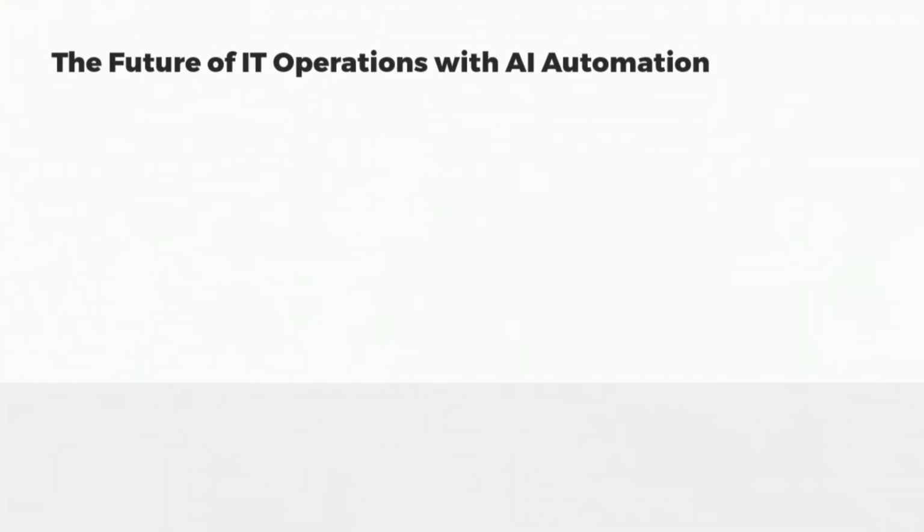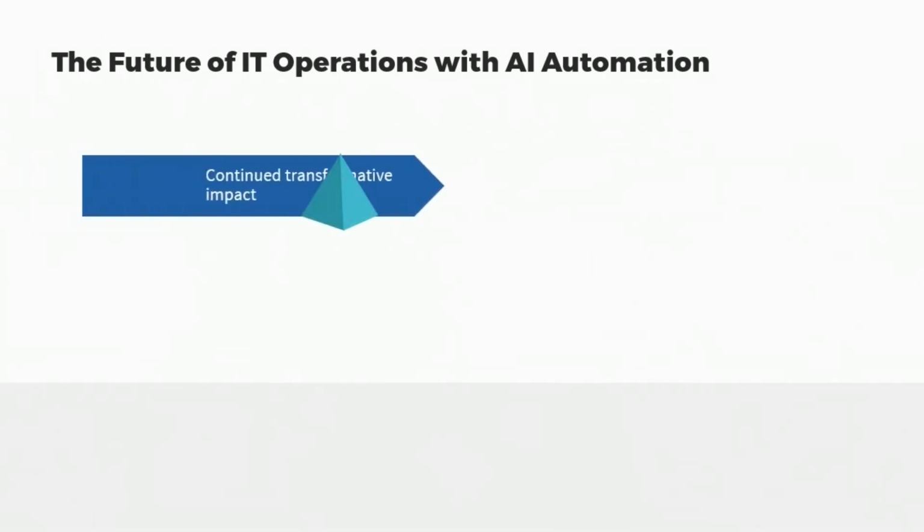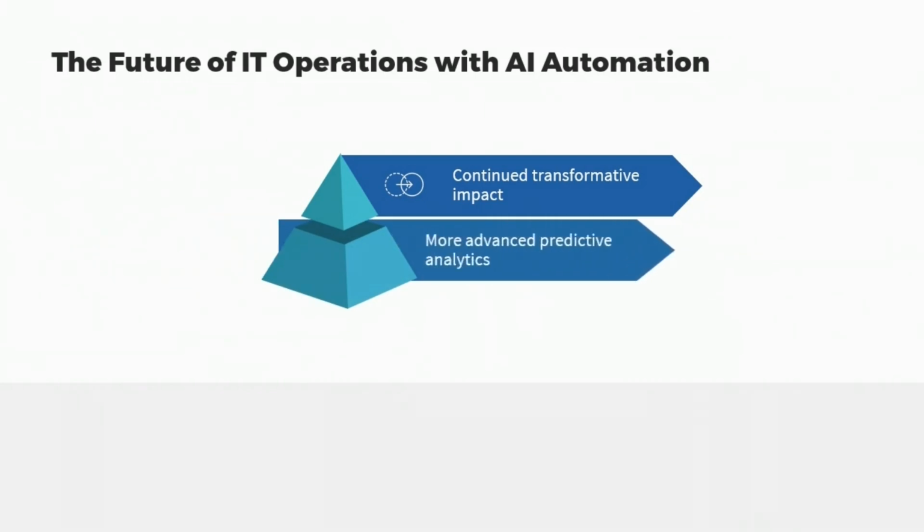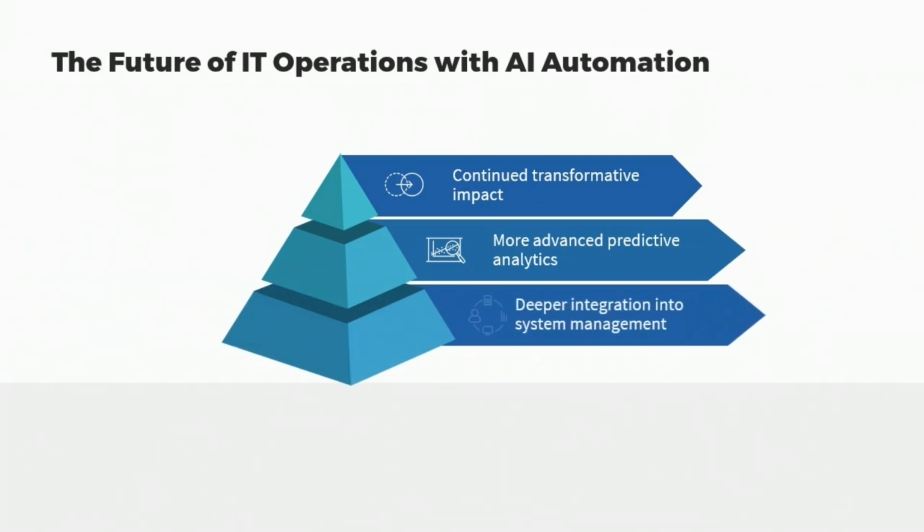Now, the future of IT operations will be shaped by the continued evolution and integration of AI automation technologies. AI automation will continue to revolutionize IT operations, driving efficiency, agility, and innovation across various domains and industries. Advances in AI and machine learning will enable more sophisticated predictive analytics capabilities, allowing organizations to anticipate and preemptively address operational challenges and opportunities.